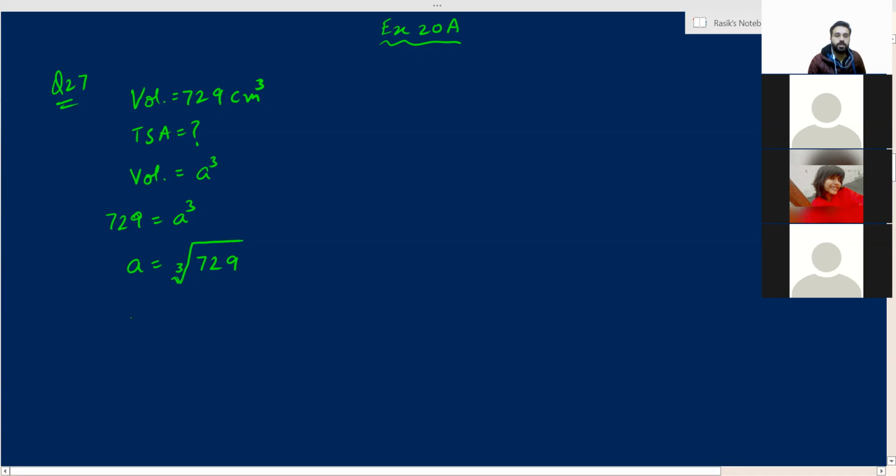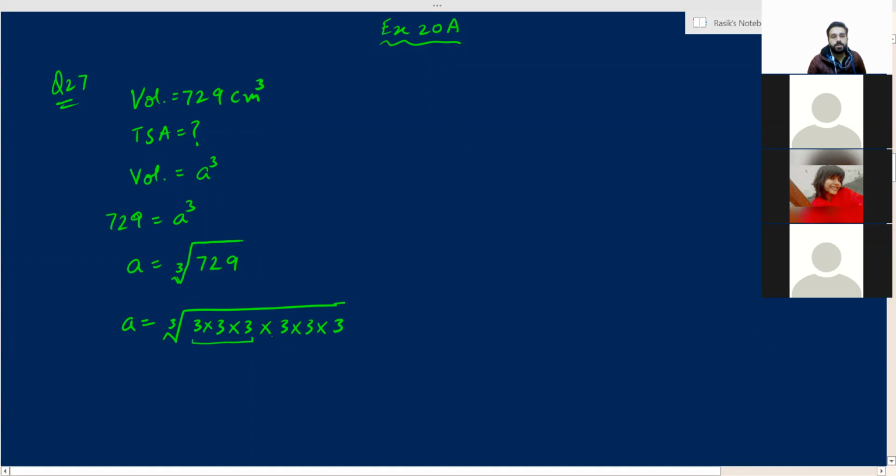Do you know how to find the cube root? Do the prime factors of the number 729 and then form triplets in the factors. 3 into 3 into 3 into 3 into 3 into 3. You will get 3 six times.